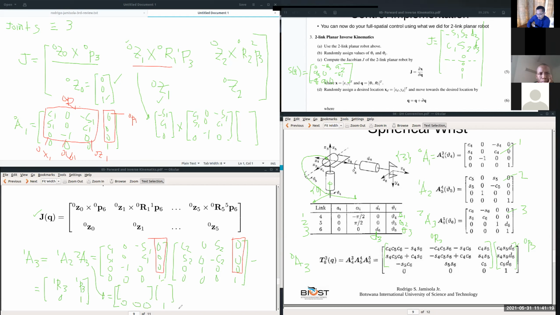If we only compute the position part, we consider this one and this one, right? This row multiplied by this column will be this part, right? Correct?